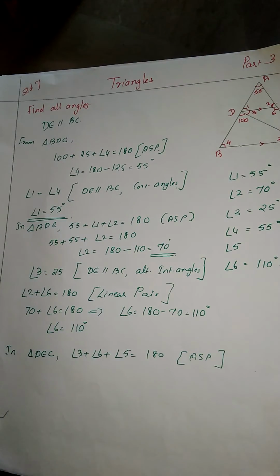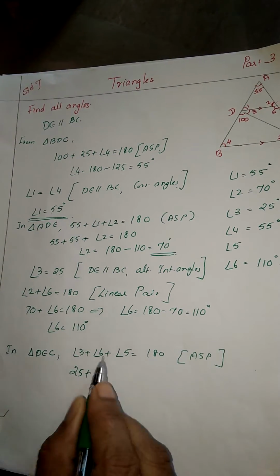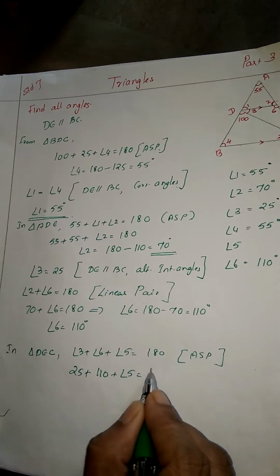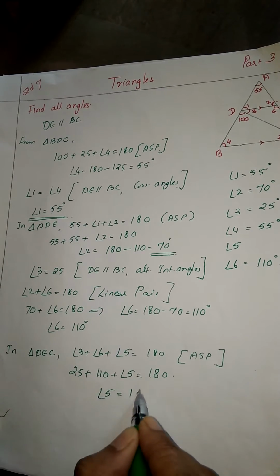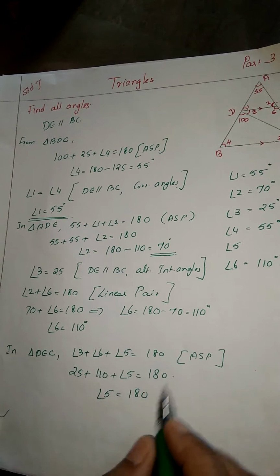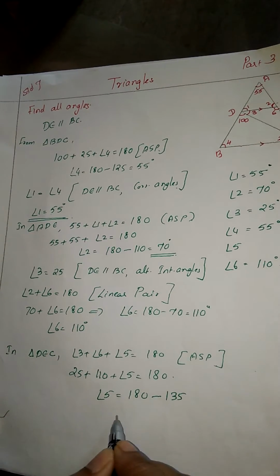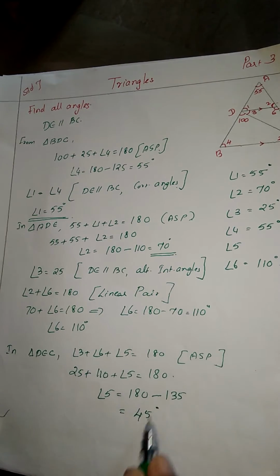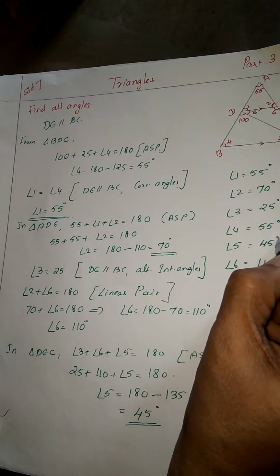So angle 3 is 25 degrees, angle 6 is 110 and angle 5 is what we have to find. So 180 minus 135 is equal to 45 degrees. So angle 5 is equal to 45 degrees.